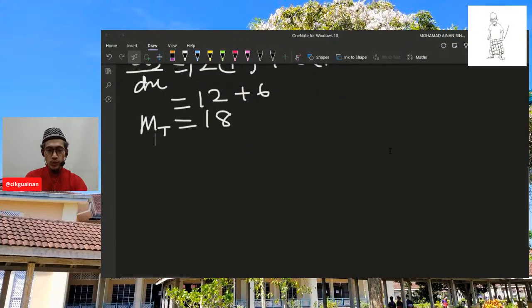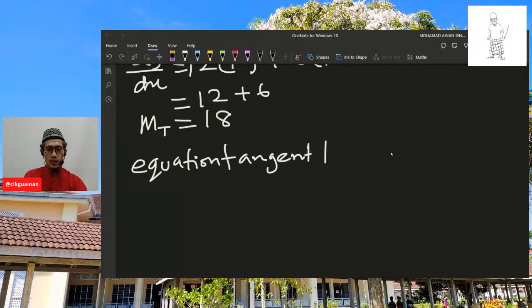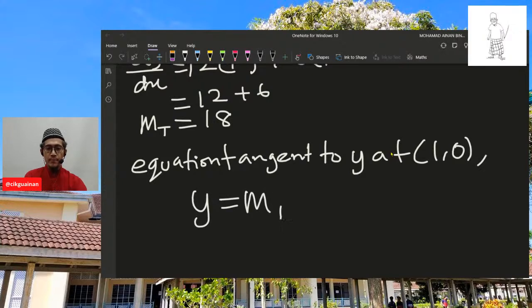So what should we do? The next step is to find the equation of the straight line tangent to the curve. The equation of the tangent to y at 1, 0 is y equals MT x plus c.